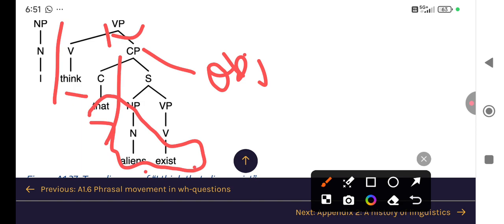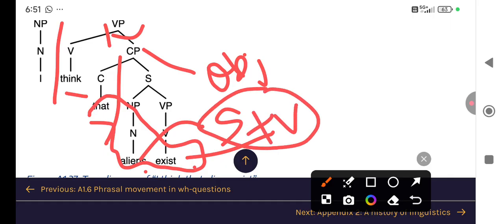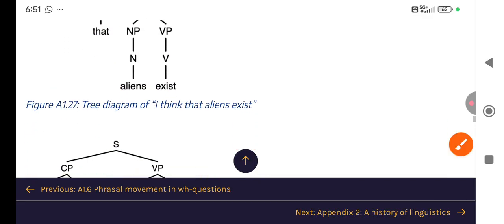Aliens exist: aliens is the subject, exist is the verb, and the subject plus verb combination is known as a sentence, and that is why this sentence will be analyzed this way. Even a single word is also called a phrase, noun phrase and verb phrase. So a very informative and very good example.